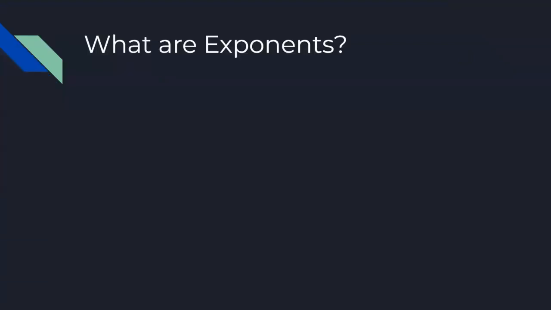So what are exponents? Can we try and remember what exponents were, what they were doing? The way we talked about it yesterday was that in the same way when we learned about multiplication, it was like doing addition over and over again.